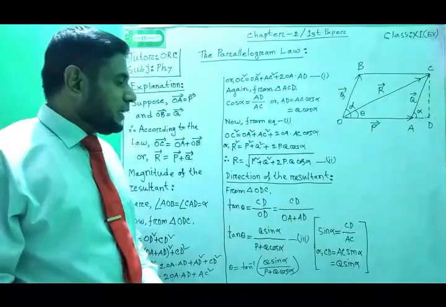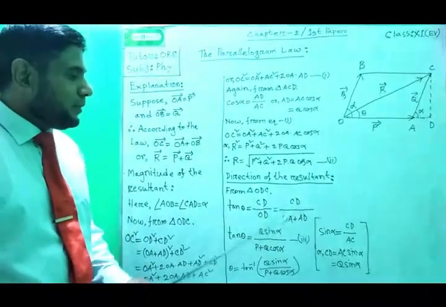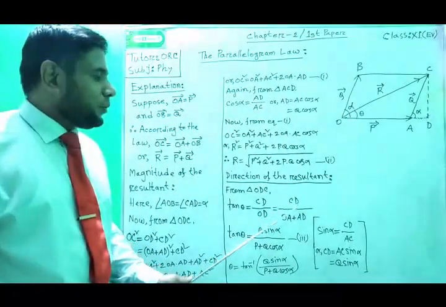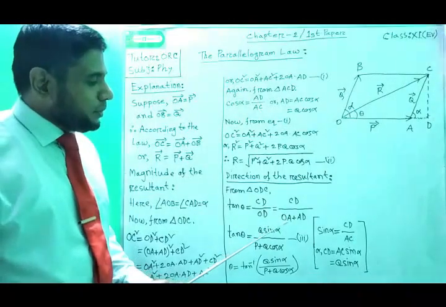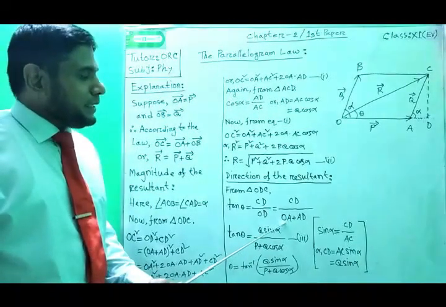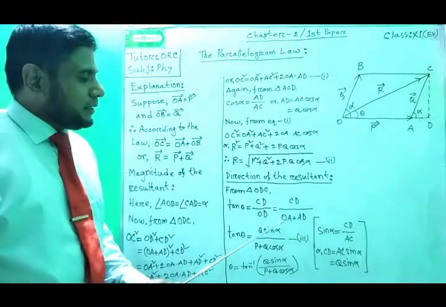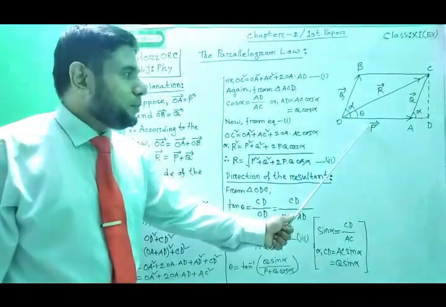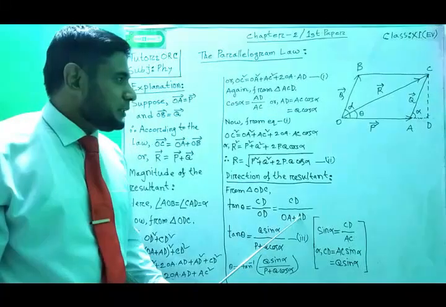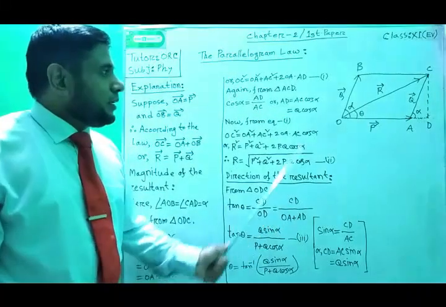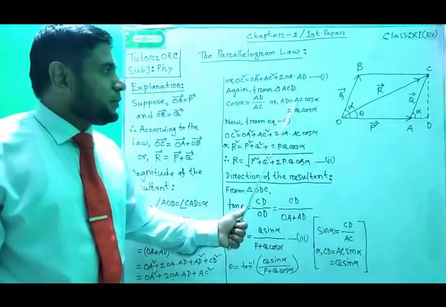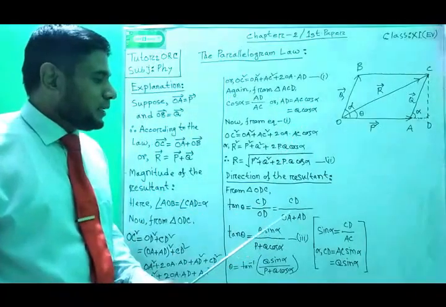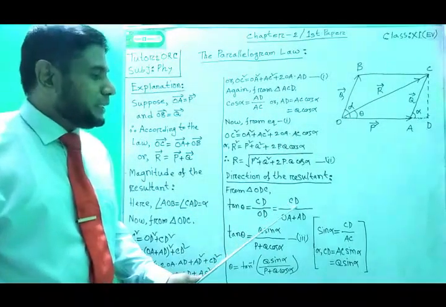So how can we find the value of CD? From this information we can easily see the value of OA will be P, and AD, which we have already got, AD equals AC cos alpha, but the value of CD is unknown.